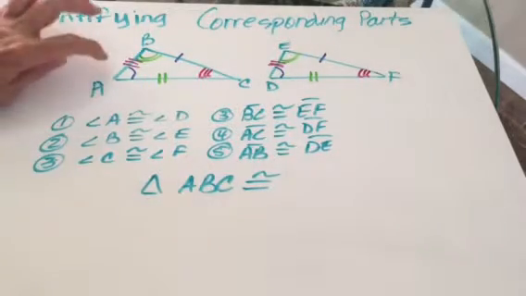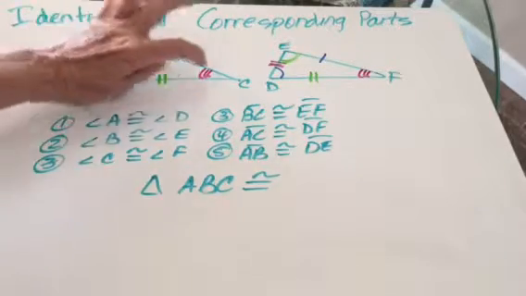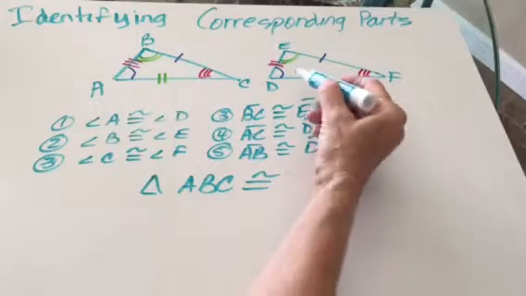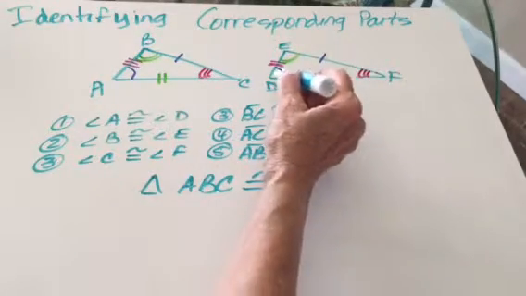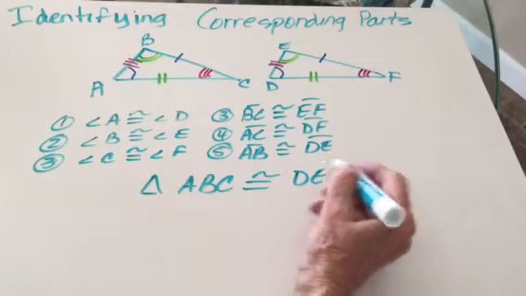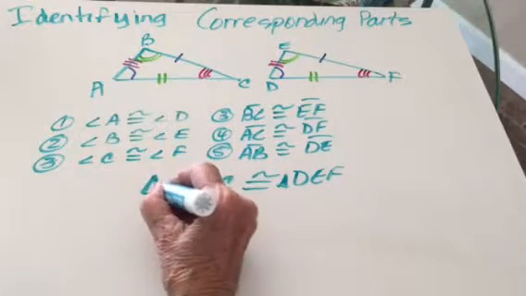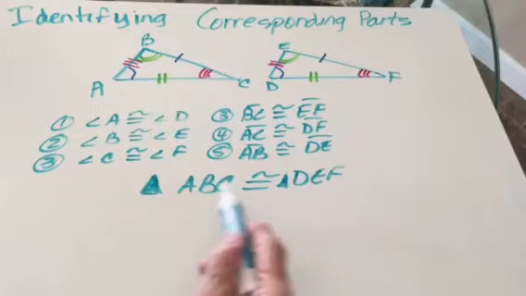I went triangle ABC, and I went angle 1, angle 2, and angle 3. All right, goes over here with angle 1, angle 2, angle 3. You see that? So it's going to be triangle DEF.